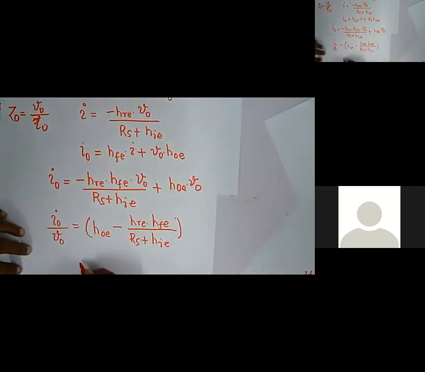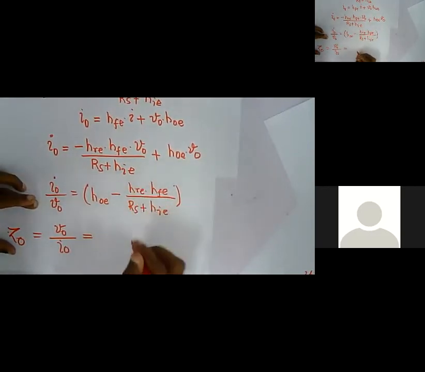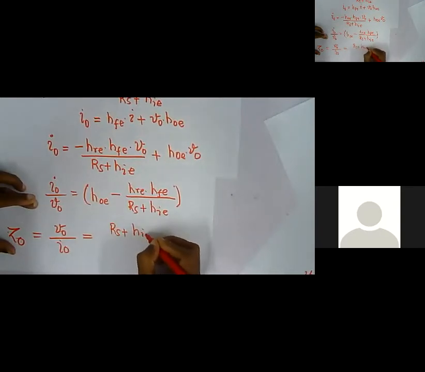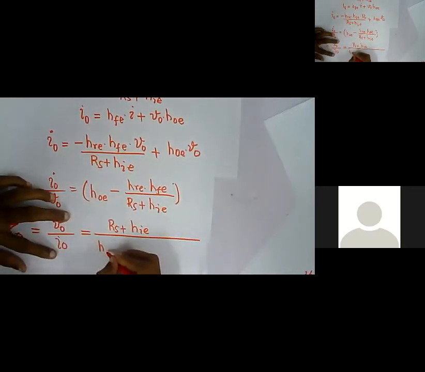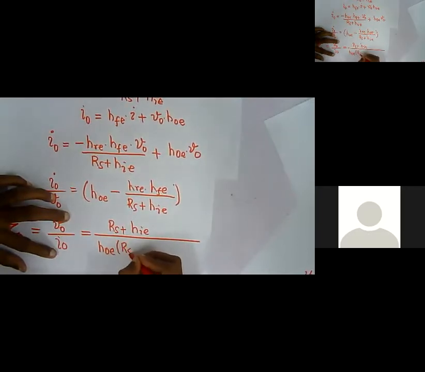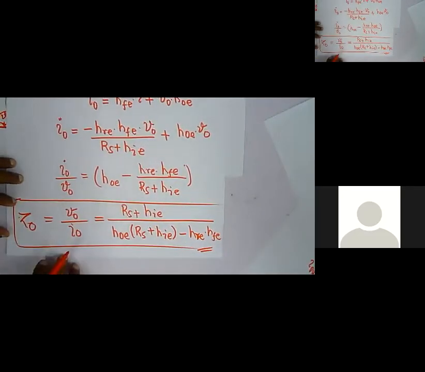Taking the common denominator, Z out is equal to RS plus HIE on top, divided by HOE into RS plus HIE minus HRE into HFE.